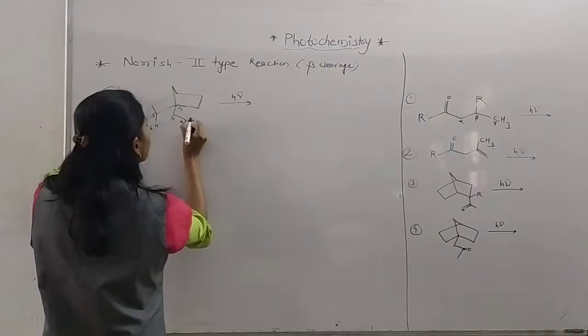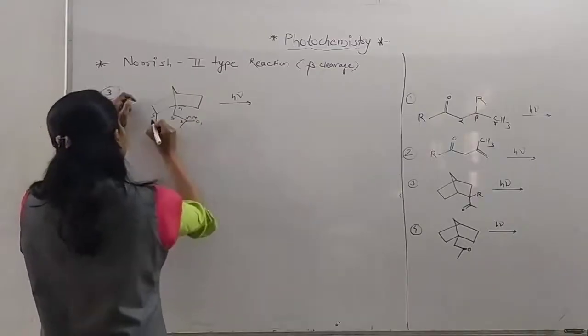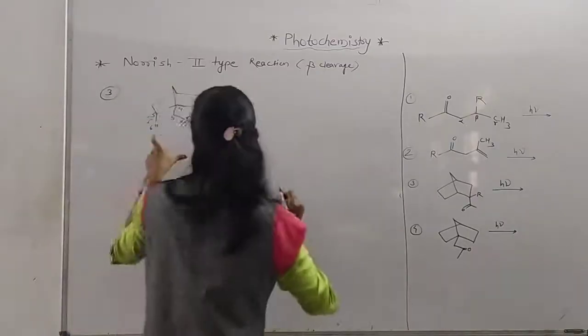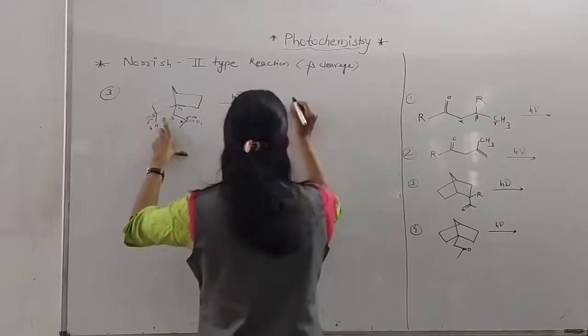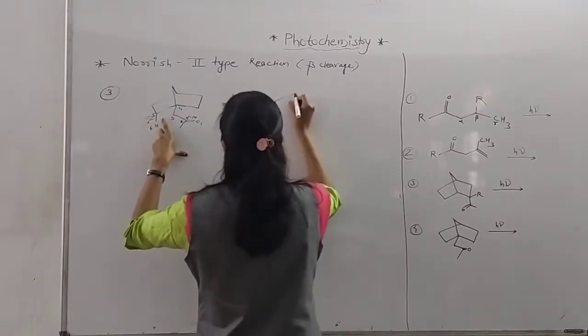Now, what we have done here, the carbonyl group cleaved, and this carbon and hydrogen. Firstly, we have cleaved here, and we get a 1,4 radical system.